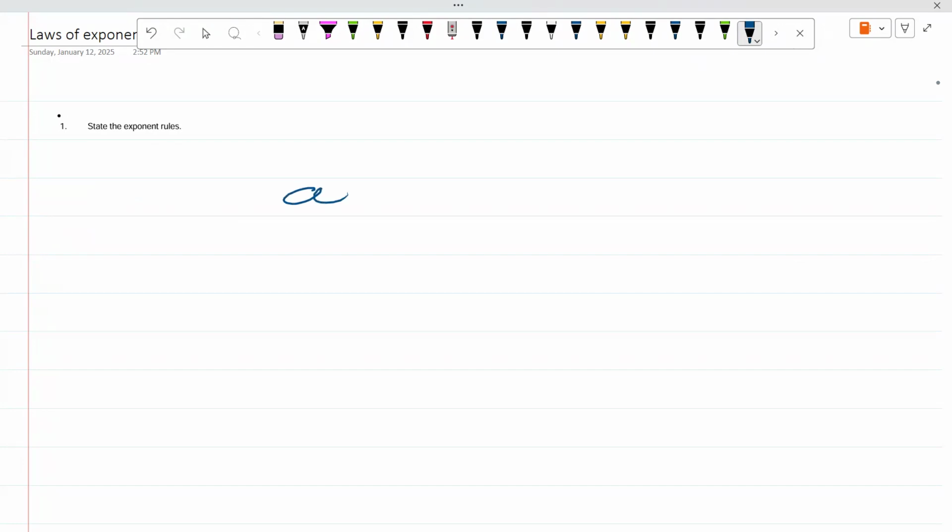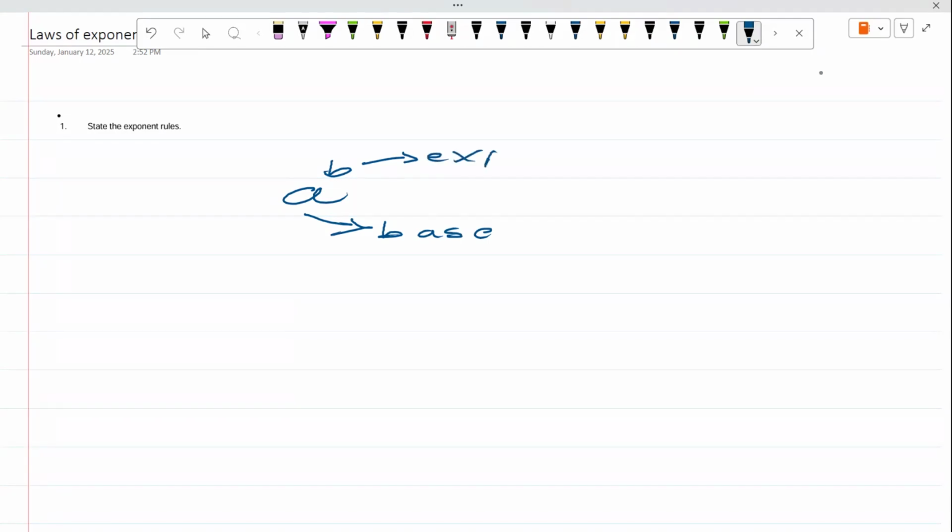With normal terminology, let me say a raised to b. This a right here can be regarded as our base, and that b there is regarded as an exponent.